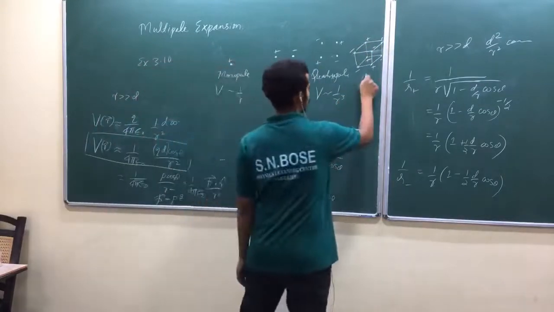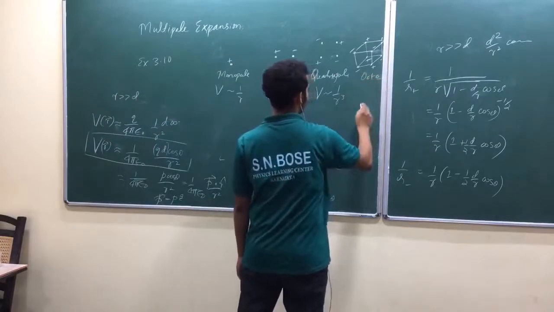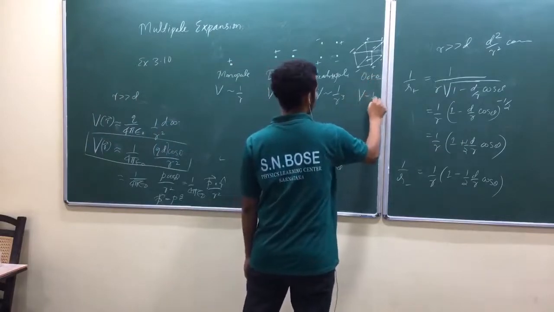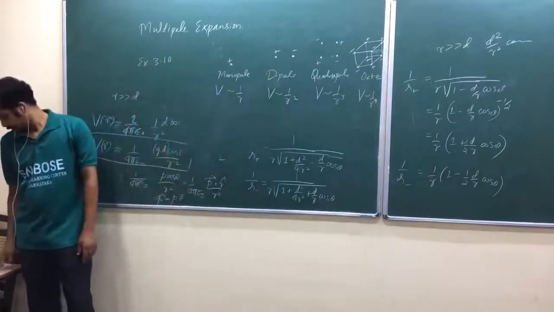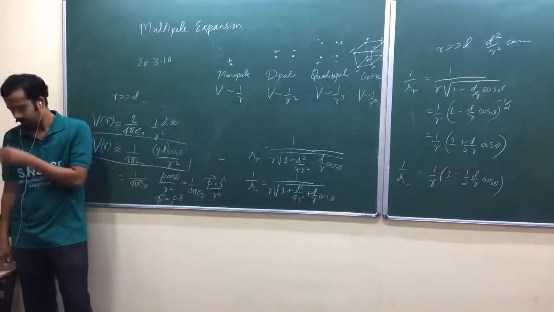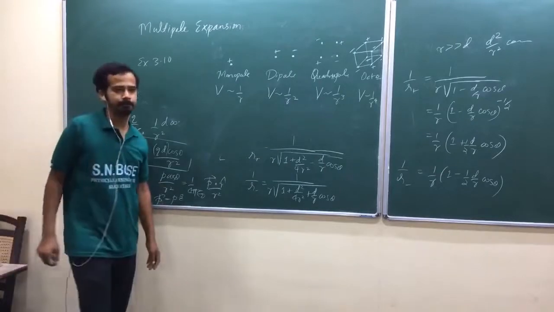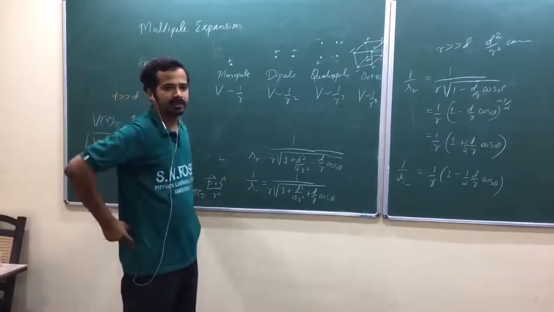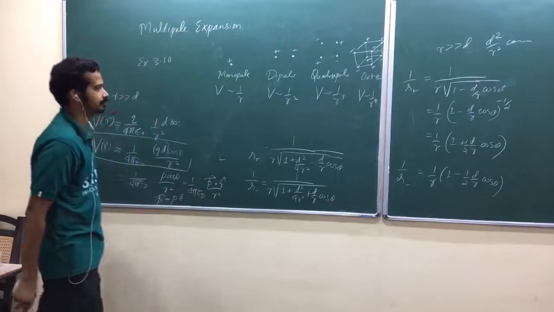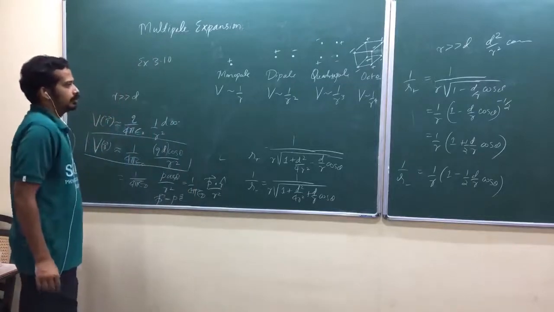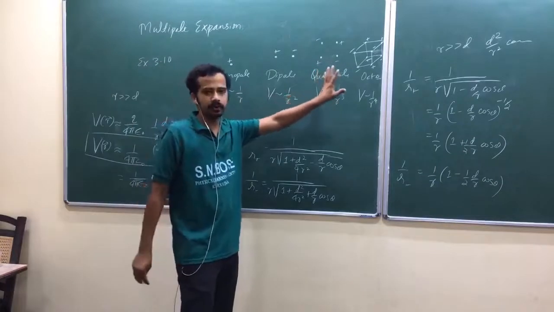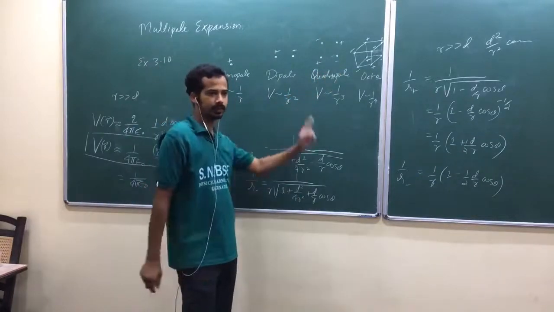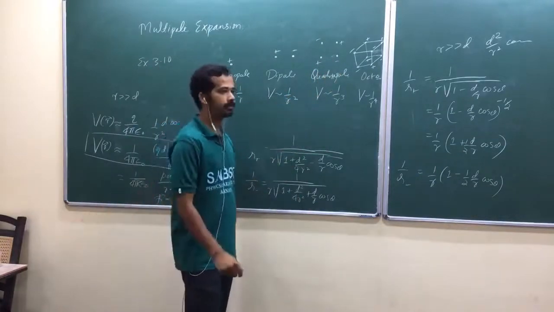Write down: octopole potential falls like 1 by r raised to 4. Just a generalization, an idea, because usually we can handle up to dipole. When it starts from quadrupole, it is a little difficult to work out the problems.